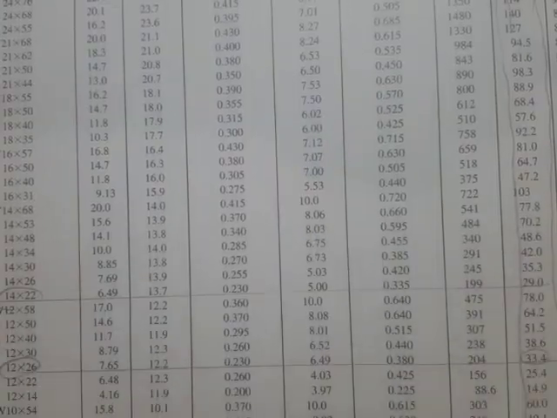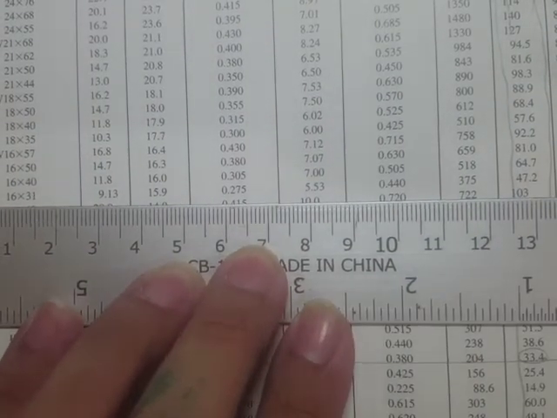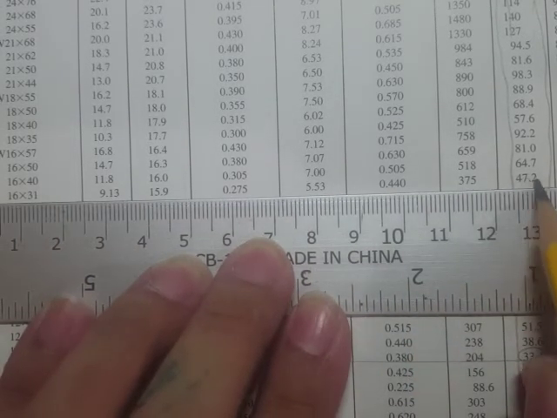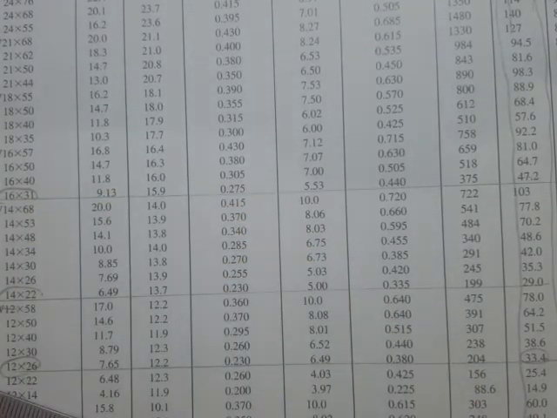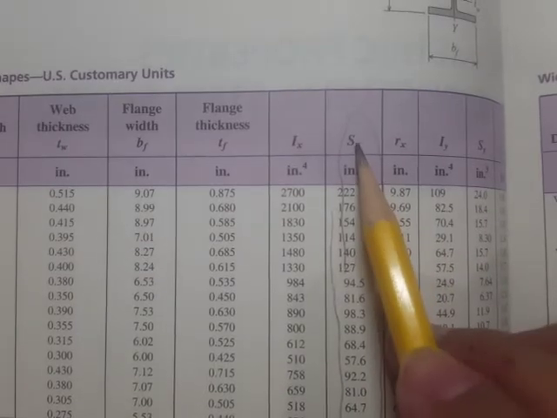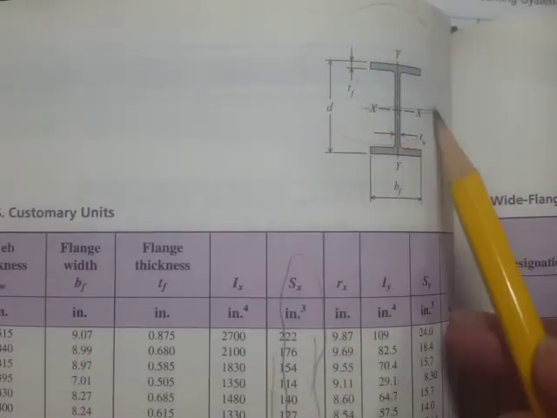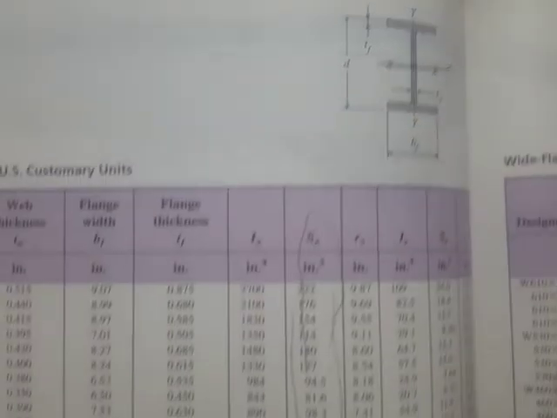And for W16, we have the lowest value here, 47.2. So we have 16.31. And of course, this is Sx because right here, the axis of rotation is along this, so we are bending the shape along this axis.